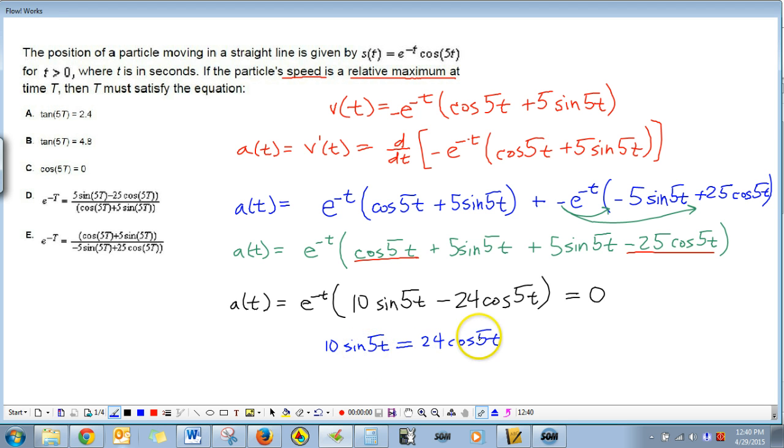Sine over cosine is tangent, so if I divide both sides by cosine of 5t and by 10, these cosines would cancel and these 10s would cancel, and I would get tangent of 5t equals 24 divided by 10, which is 2.4. And that is this one right here.